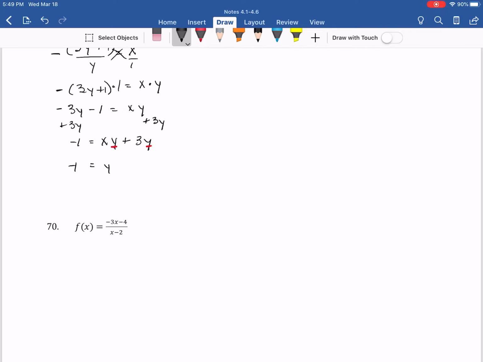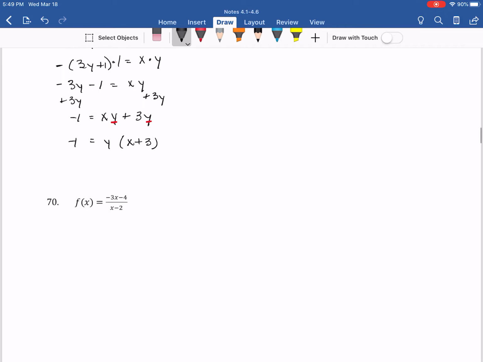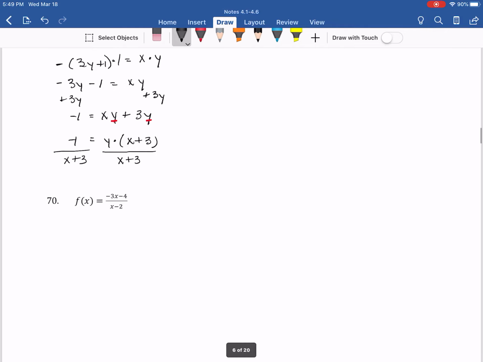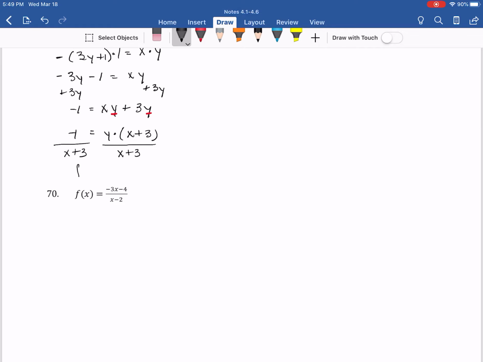So factor out that common y. Okay? And now, one last step, divide both sides by x plus 3. And you end up getting the inverse function, f inverse, equal to negative 1 over x plus 3. That is your inverse function.